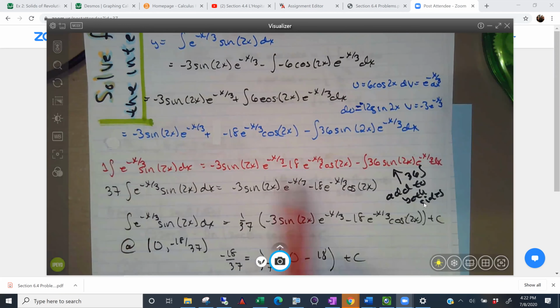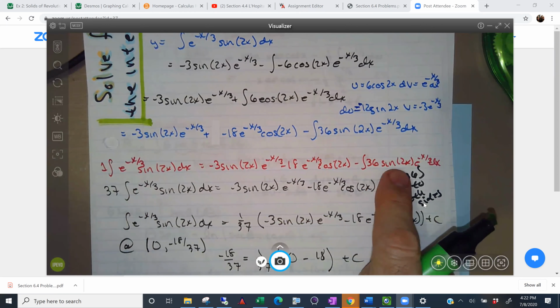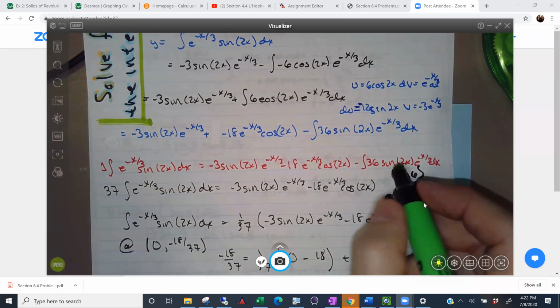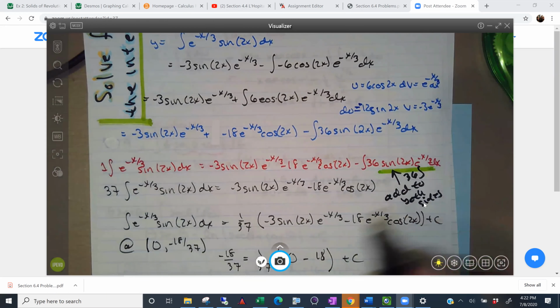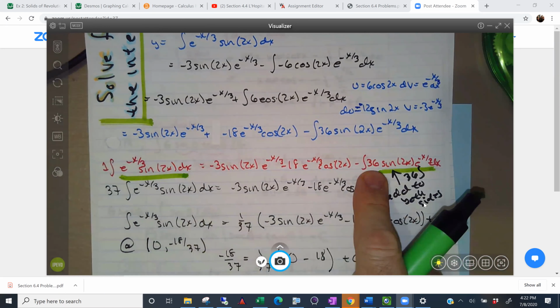And then when you're all done, the way you know you're almost done is at one point you're going to get, other than a constant, the same integral back that you had to start with. So this expression right here matches this expression right here, except for the constant.